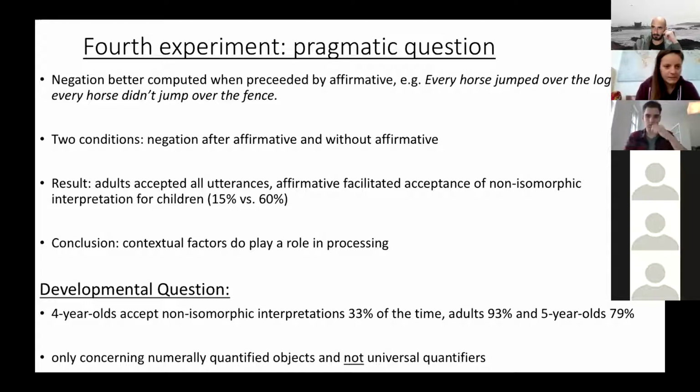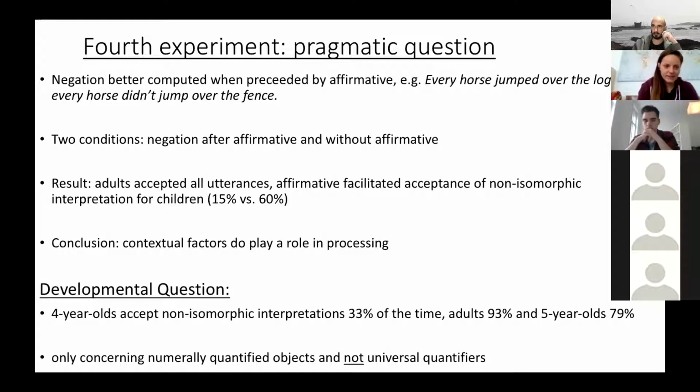And the last question that Lidz and Musolino asked themselves was the developmental question: how do children finally converge into adulthood? And yeah, there is not really a satisfying answer to that, and I think there will be other experiments on that.